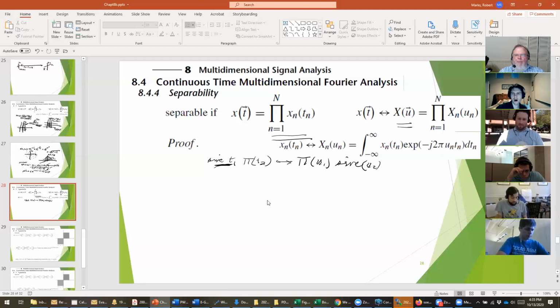So therefore, if you have a separable function, all of the knowledge you know about one-dimensional functions comes into play. You can simply borrow from all of that. And the proof is really, really simple. If we have a multidimensional transform, and I'm going to write it out in longhand.